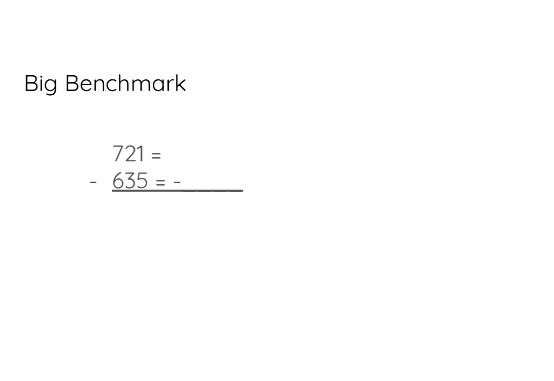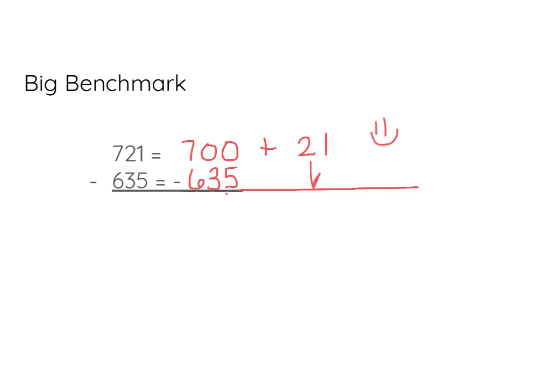All right, let's do the same problem with the big benchmark. So I'm going to write the minus 635 over here. And in my head, I now think 635's next 100 equals 700. Wow, that's really easy to rename that, isn't it? So 700 plus 21, I bring this 21 down.